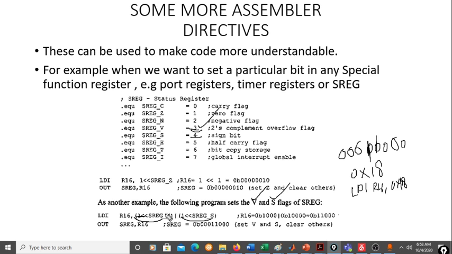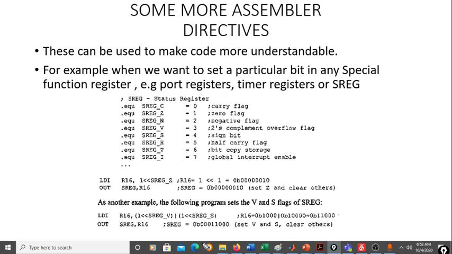One left shifted 3 times will set this bit, and one left shifted 4 times will set this bit separately. So you get 2 bytes, in one of which bit number 3 is set and in the other bit number 4 is set. When you perform the OR operation, you get the same result, which is hexadecimal 18, a byte in which both bit number 3 and 4 are set. So we have seen that this makes our code easier to understand.